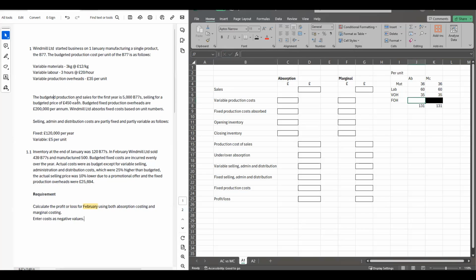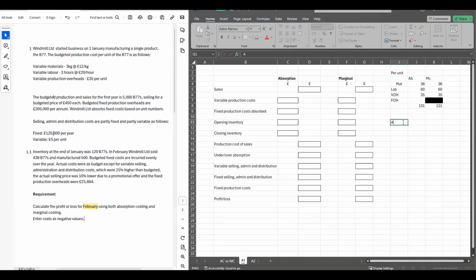So it says the budgeted production and sales for the first year is 5,000 B77s selling for a budgeted price of £450. Budgeted fixed production overheads are 200,000 per annum. And then it finally tells us that Windmill absorbs fixed costs based on unit numbers.